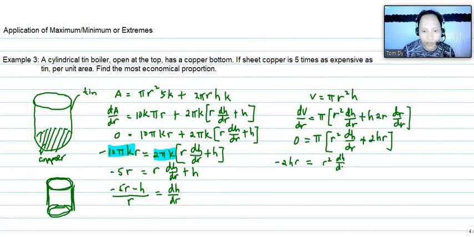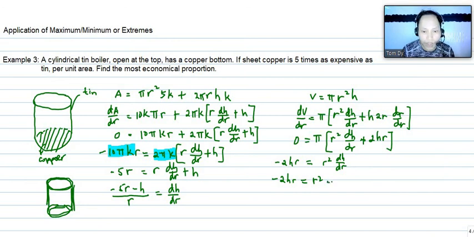So dh over dr. But then our dh over dr is equivalent to this value. So we will write that value. We have here negative 2hr, which is equivalent to r squared. Instead of writing dh over dr, we will make use of this one. That is negative 5r. So I will just separate here this one, that is negative 5r over r, that is negative 5.